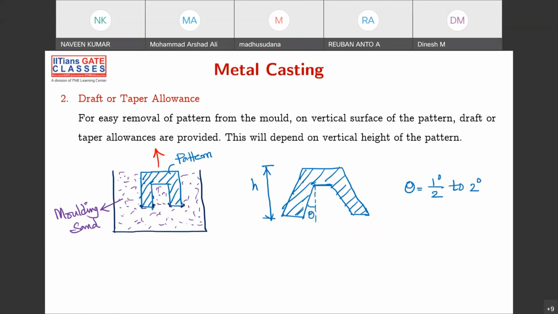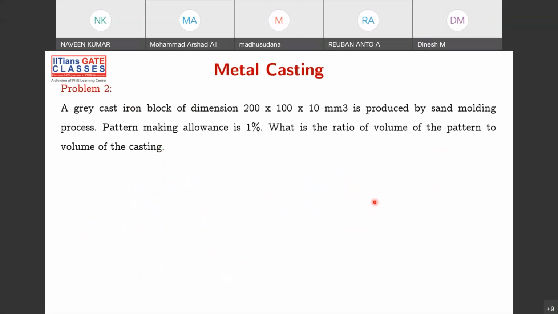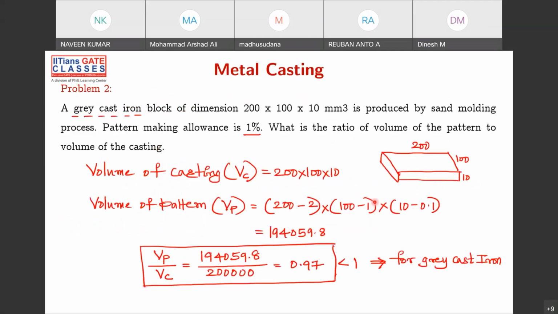Okay, some question has been coming. After cooling, if the casting expands, wouldn't it break the mold? Very good question, Praveen. Excellent question. When it is expanding, will it disturb the casting?